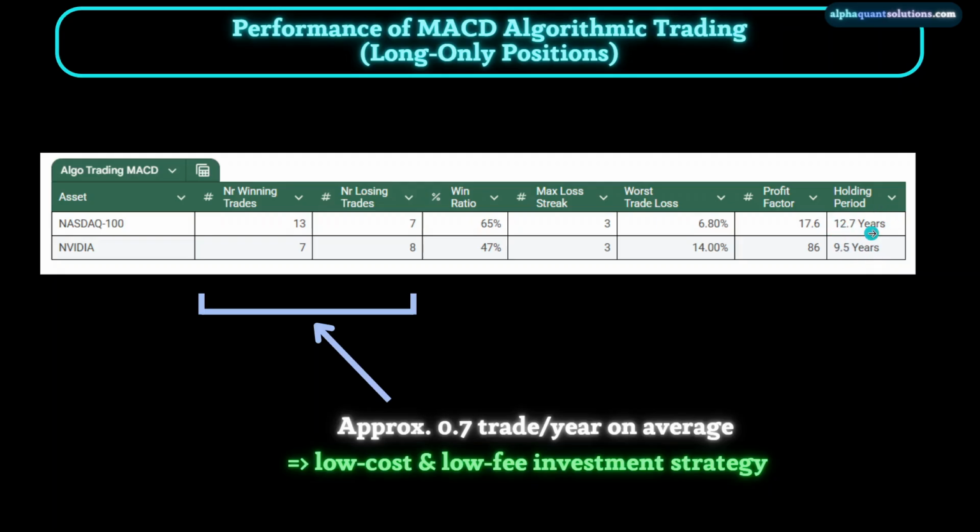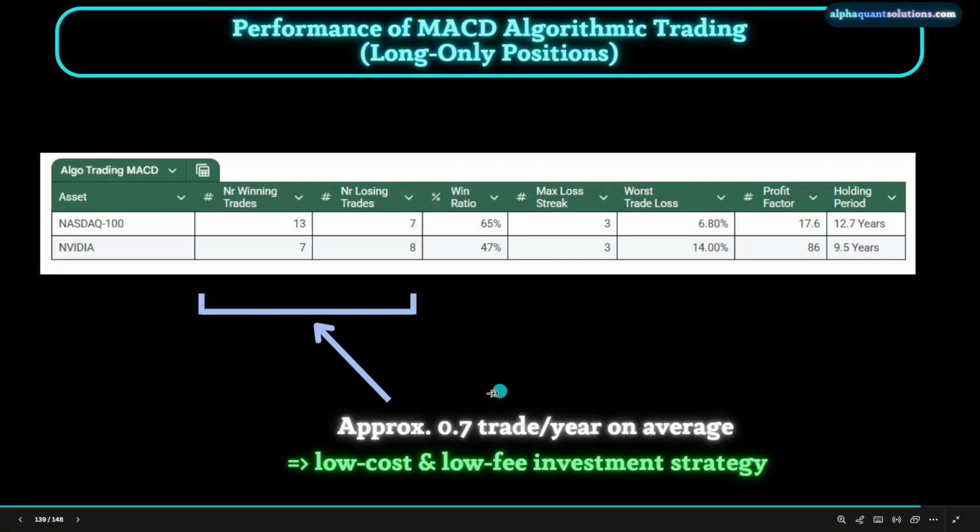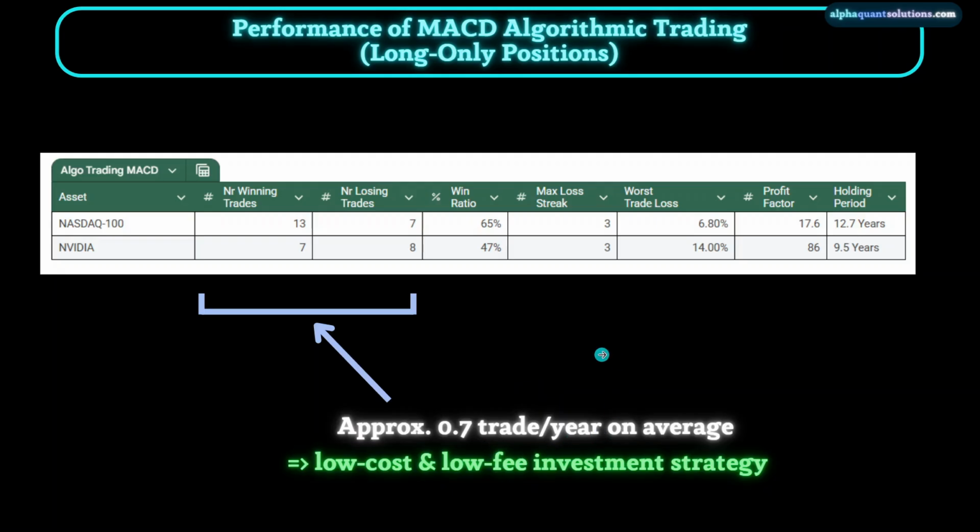The total backtest ranged over 27.5 years for Nasdaq and 25.5 years for NVIDIA. So as you can see, the number of trades is really low, on average 0.7 trades per year. And this really means that we have a very low turnover, and so very low costs and trading fees, and a very cost-effective investment strategy.